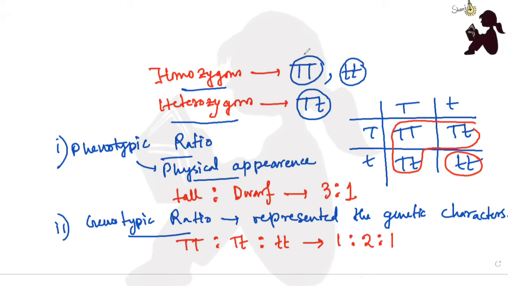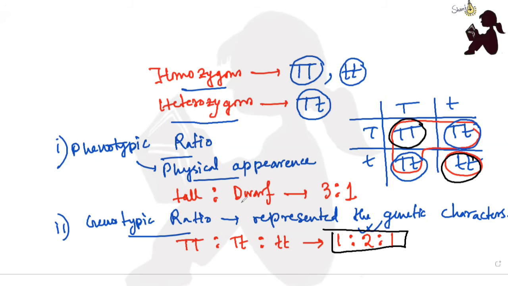We can see that capital T capital T is 1. Then capital T small t is present in 2 number, and lastly the small t small t is represented as a single one. So the genotypic ratio will be 1:2:1. And the phenotypic ratio, meaning the physical appearance ratio, tall to dwarf, would be 3:1. Okay.